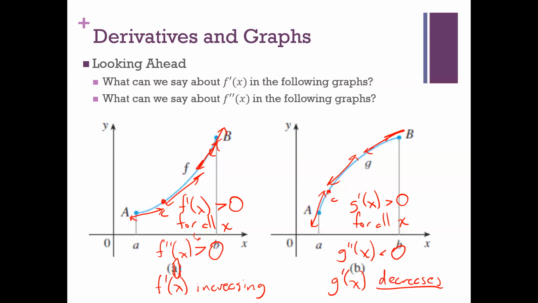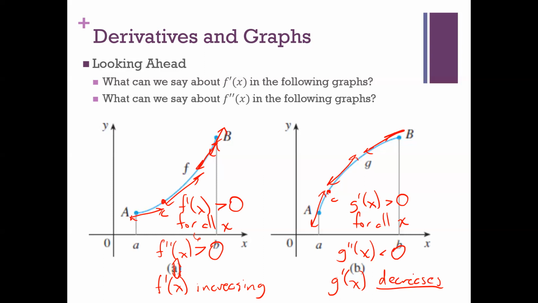Is it possible, in general, for all functions, for g double prime to be negative and for g prime to be increasing simultaneously?